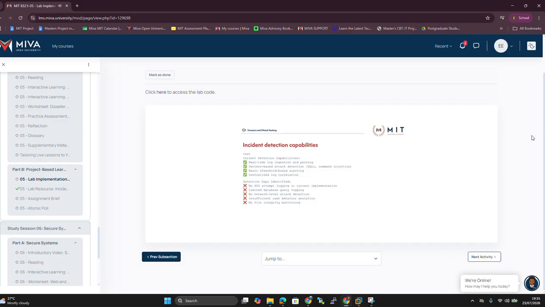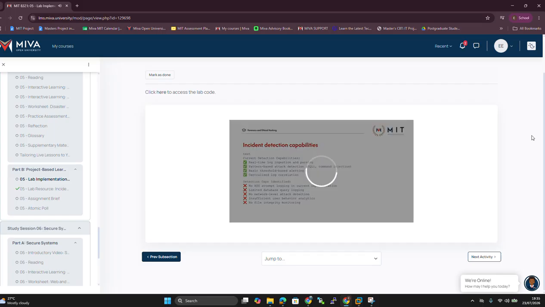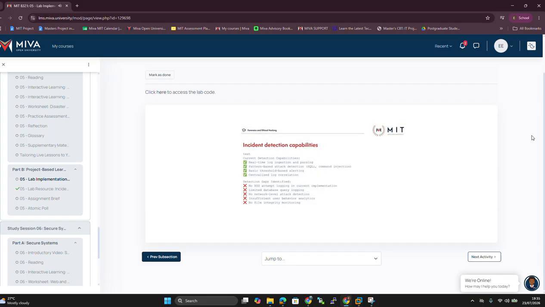So the findings of all of that: your incident response depends on the level of skills you have and the tools you are using. All of these are embedded in your capabilities.